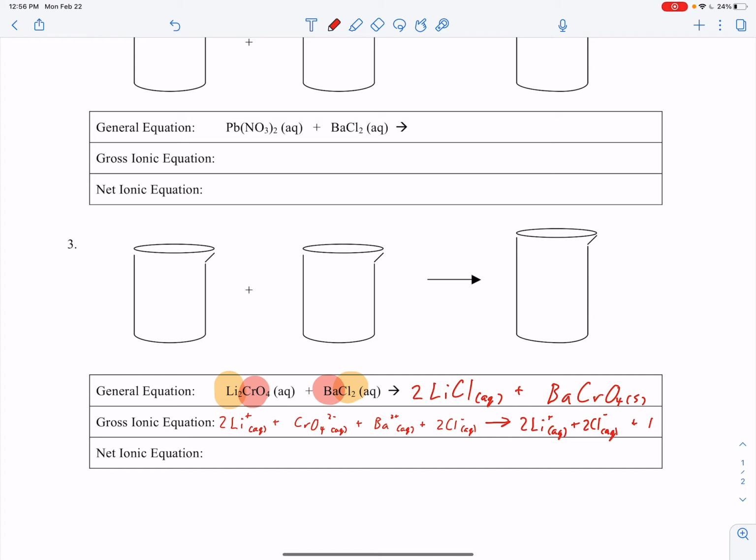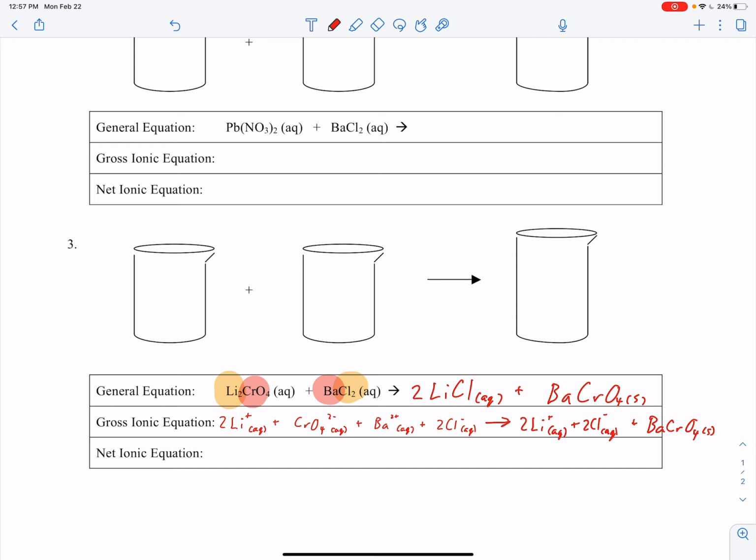But the barium chromate is stuck together. That's the solid, that's the precipitate. Now, once you've written this, I always call it the complete or total ionic equation. Gross ionic equation is another form of it.